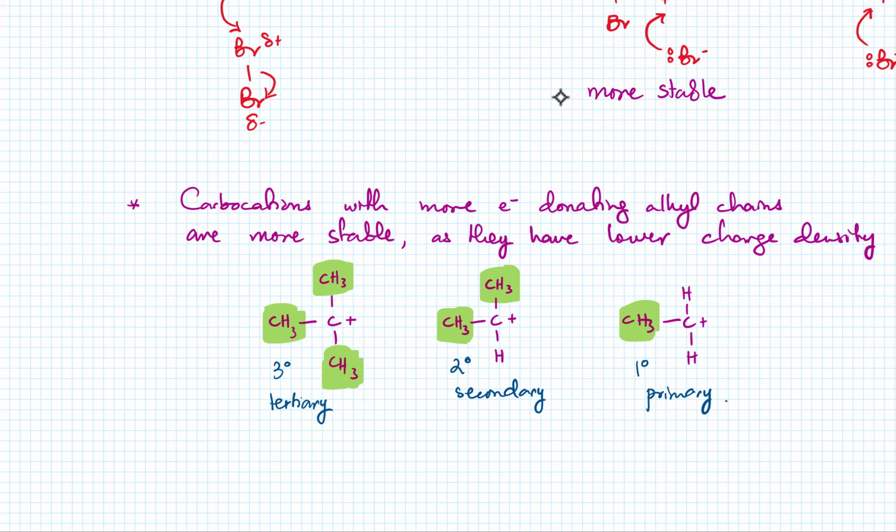So the tertiary one is the most stable one, while this one is the least stable. The most stable one has a lower charge density.